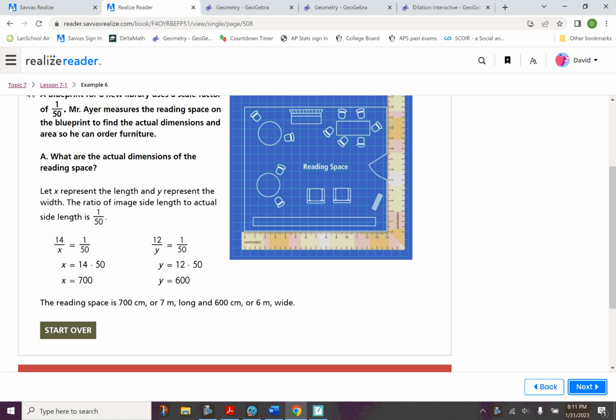700 centimeters means 7 meters. 600 centimeters is 6 meters. So we have a reading space here that's 7 meters by 6 meters. If you need to refer to the meter sticks in the front of the room.